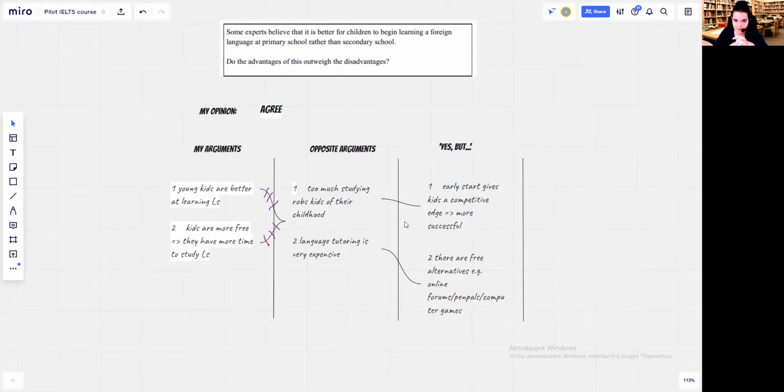Let me reiterate that if you want a 7 and higher, you must include the opposite arguments. And although there are other ways to do that, this template is not the only one. In my experience, it is just a very straightforward, very easy way. Everything is just very structured, and I highly recommend you do that.